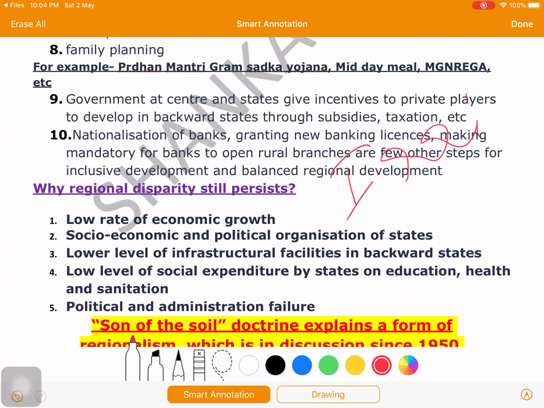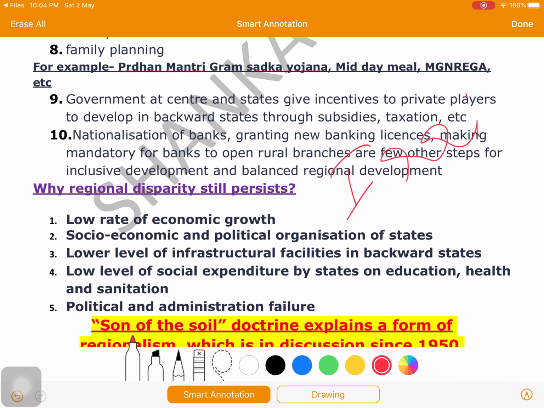BPL families are increasing day by day in the states. Some positive changes are encouraging, but more action is needed to completely eradicate these disparities. That is the call of the hour. So these are the points which we need to remember.